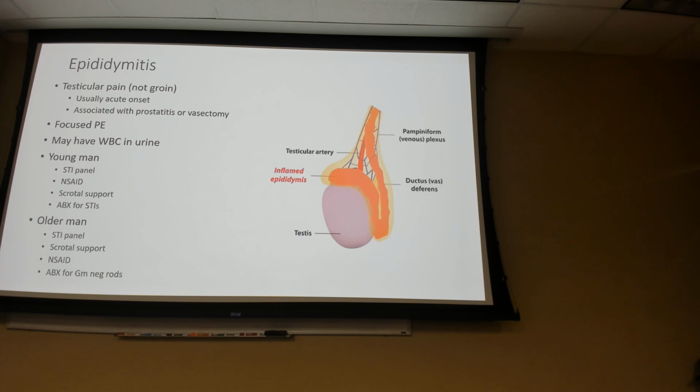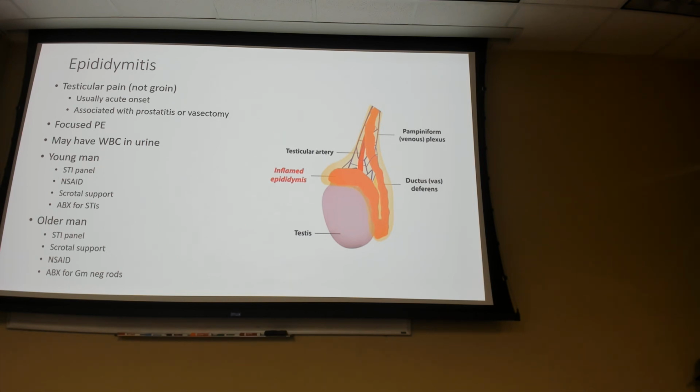On exam, you're going to palpate the testes, and on the superior portion and a little bit posterior, you'll feel a squishy, inflamed epididymis. The patient will usually have significant discomfort, more commonly unilateral, and then we need to get a good sexual history on them. Typically they need some sort of STI treatment.